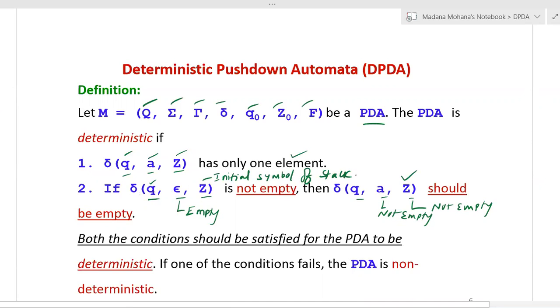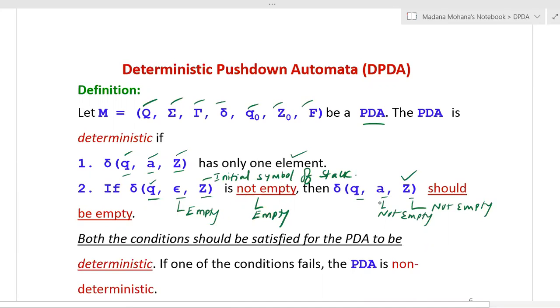So if you consider this transition with empty input and the stack containing the initial symbol, compulsorily this should be empty actually. But here what we mentioned is that this is not empty. Even with empty input and the initial symbol of the stack, we are saying this is not empty.